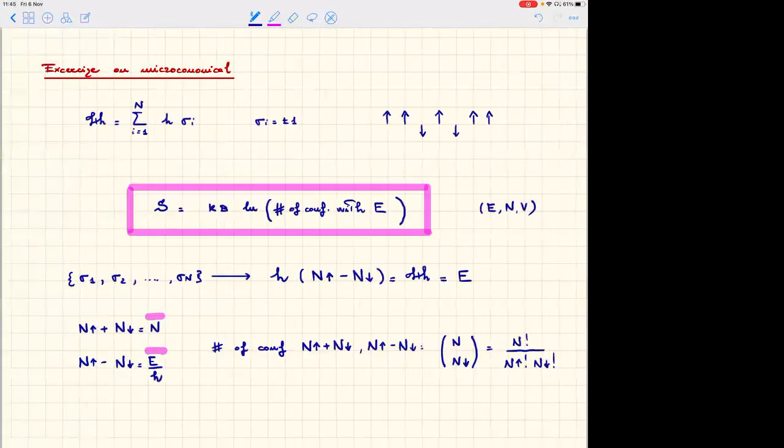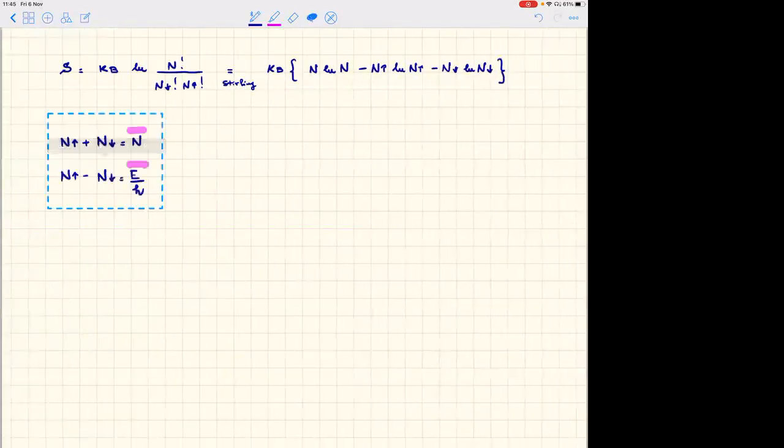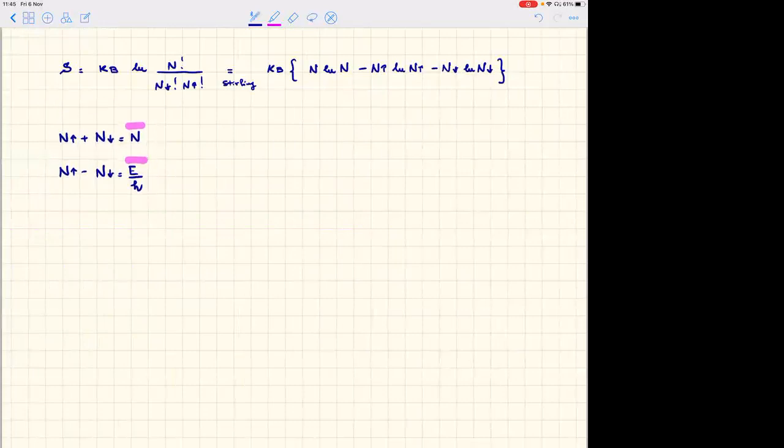Now, let me go back to these two conditions. If I have these two conditions satisfied, then it is evident that n up is equal to 1/2 (n plus E over h), and n down is equal to 1/2 (n minus E over h).